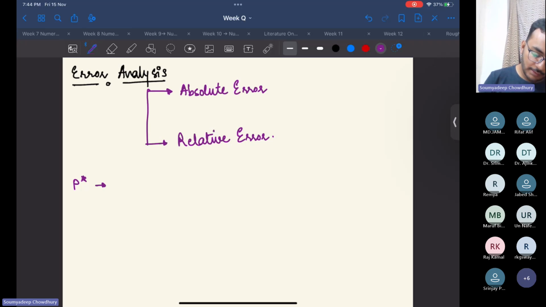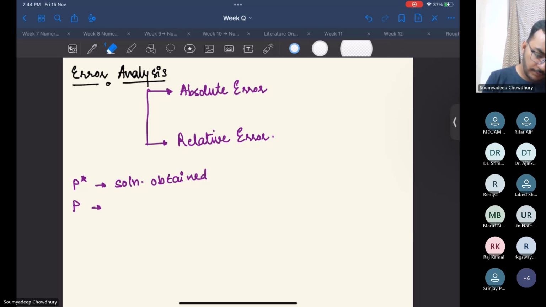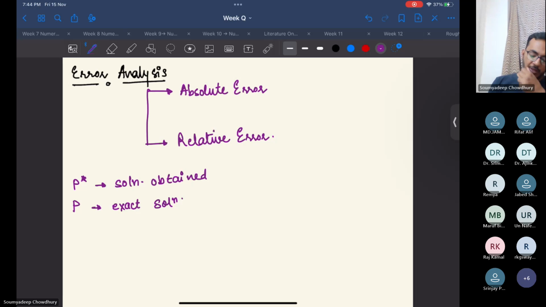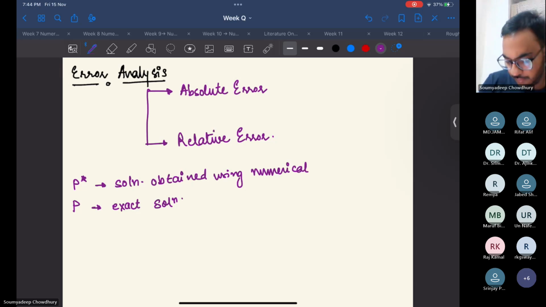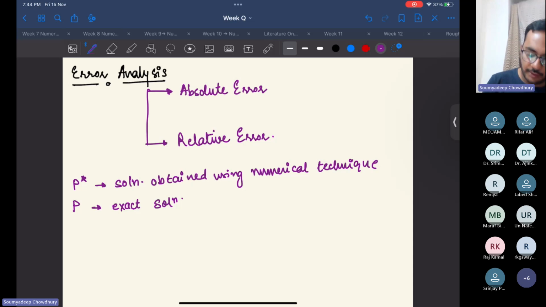This is the solution obtained, and you know the exact solution of that problem as P. So P star is the solution obtained using the numerical technique, and P is the exact solution to the equation.